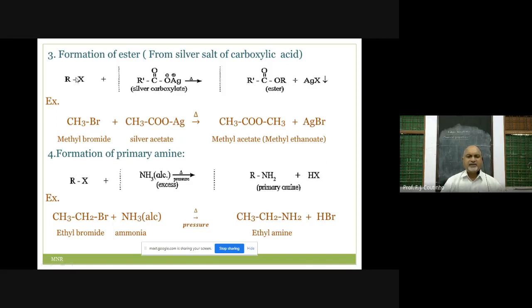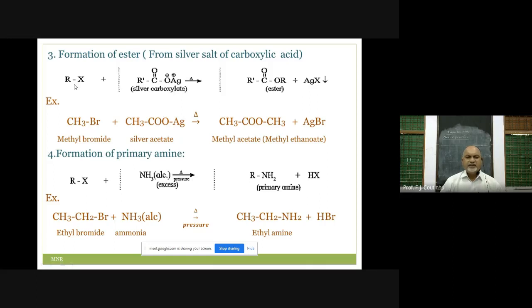So alkyl halide is RX, so R plus X minus. In the silver salt of carboxylic acid, this is silver carboxylate, where silver, Ag, is positive. So O, C double bond O, R, that means RCOO minus. So this is an ion of an acid.